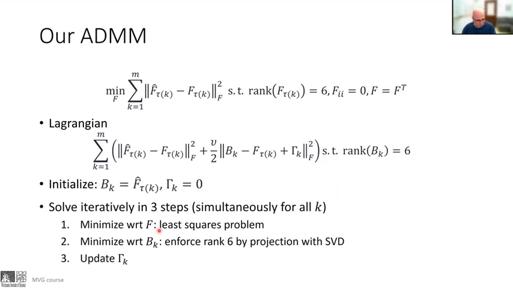Maybe not too good because your structure is degenerate, but it doesn't affect the optimization itself. So we don't enforce exactly rank 6. We enforce rank smaller or equal to 6.